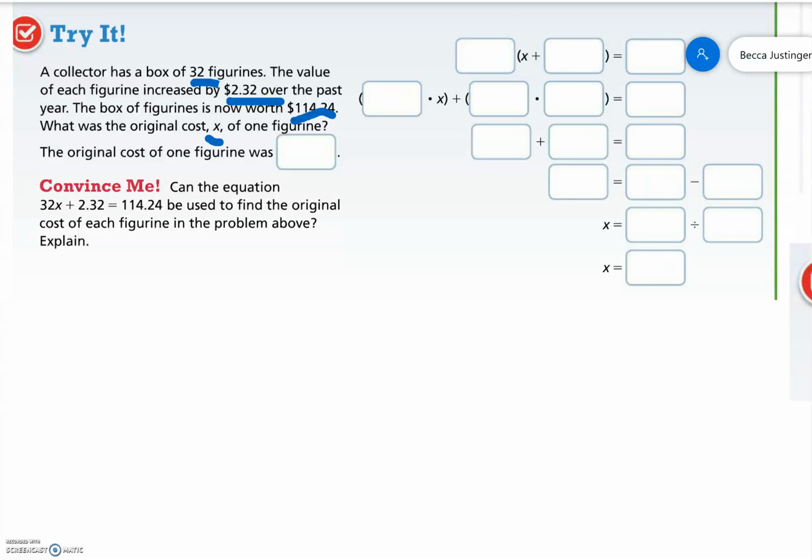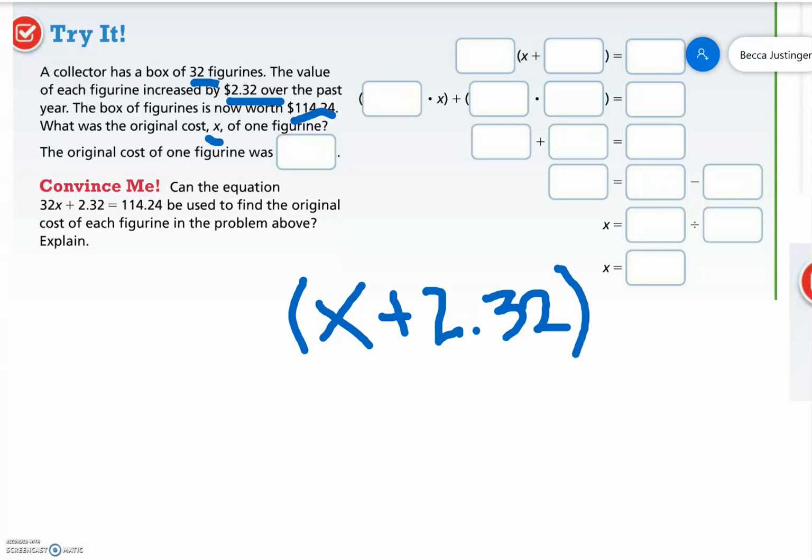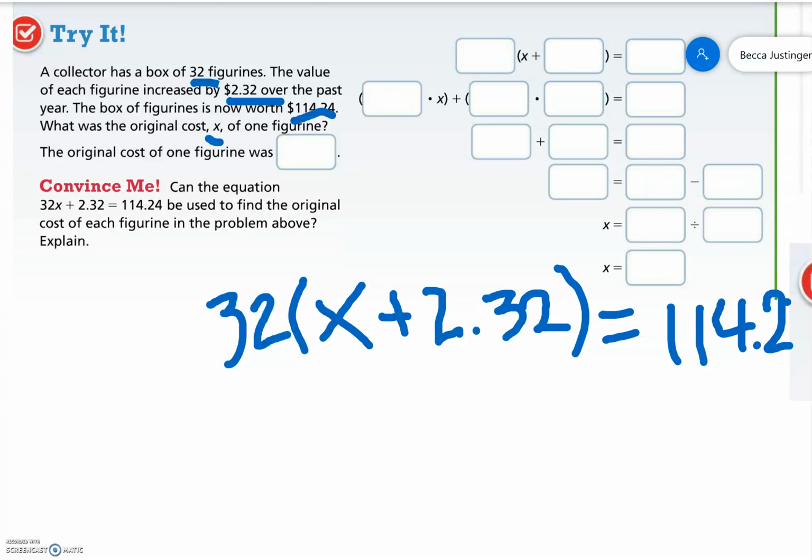I don't want to use the boxes because I like to do it our own way. So we have the original cost of a figurine, but they increased by $2.32 for each figurine. But we have a total of 32 of them, and they all are worth $114.24. All right, what's my first step?